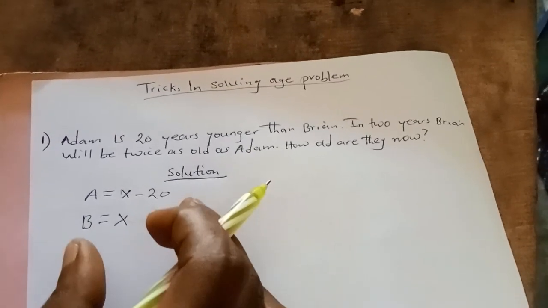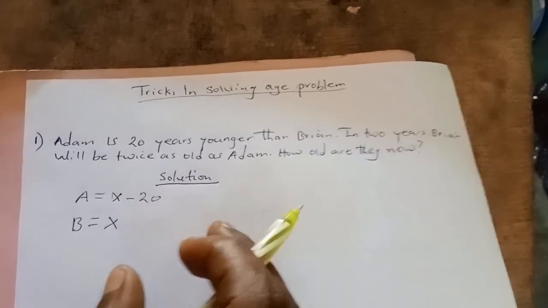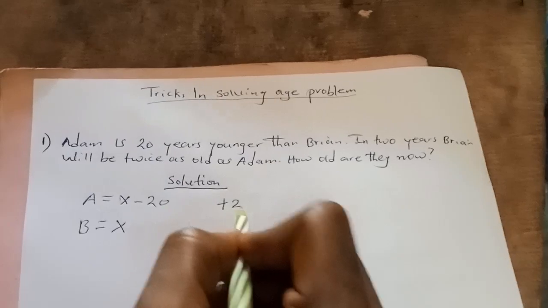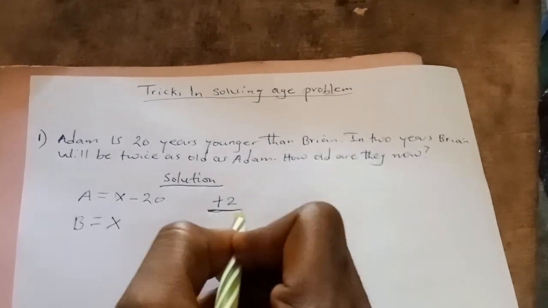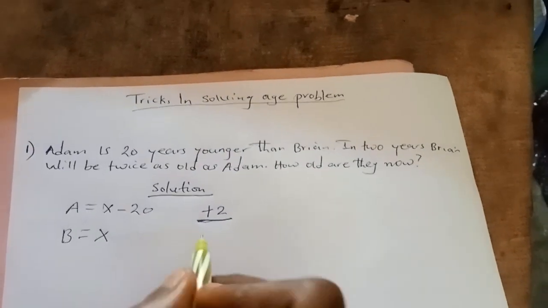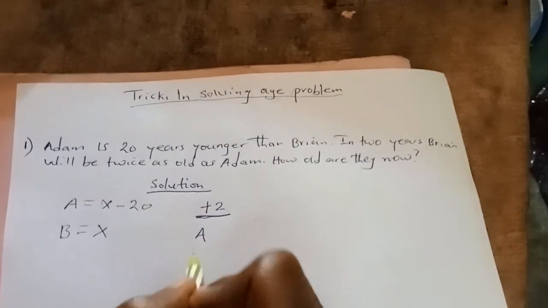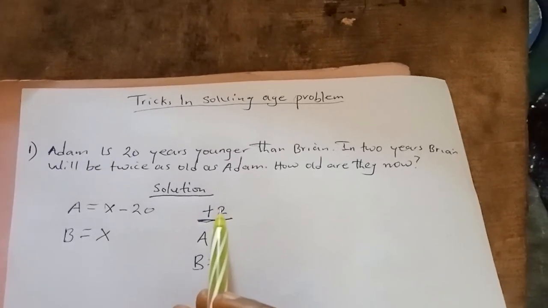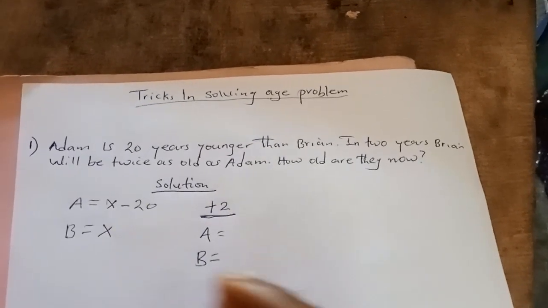So we set the first algebraic expression, the next algebraic expression will be in 2 years time. What will happen in 2 years time? Now for Adam in 2 years time and Brian in 2 years time, all you have to do is to add 2 to all of their ages.